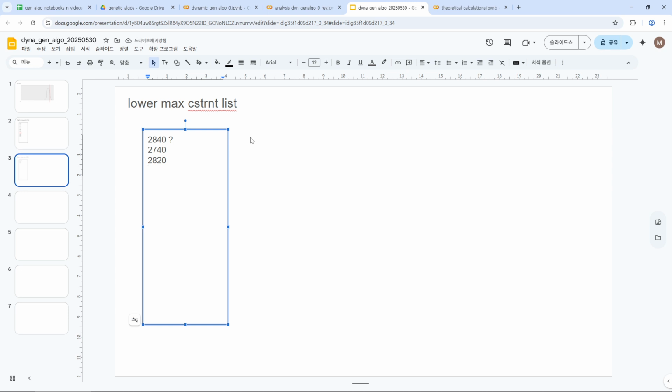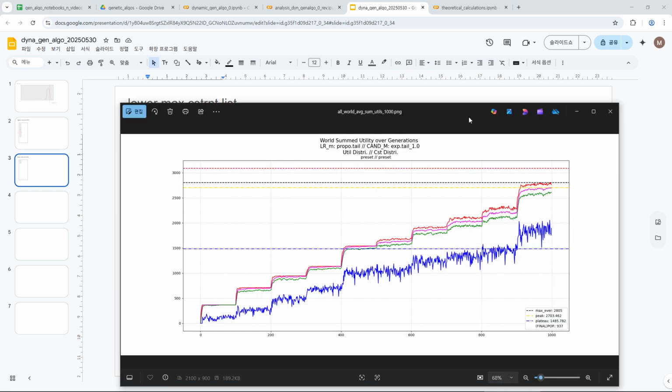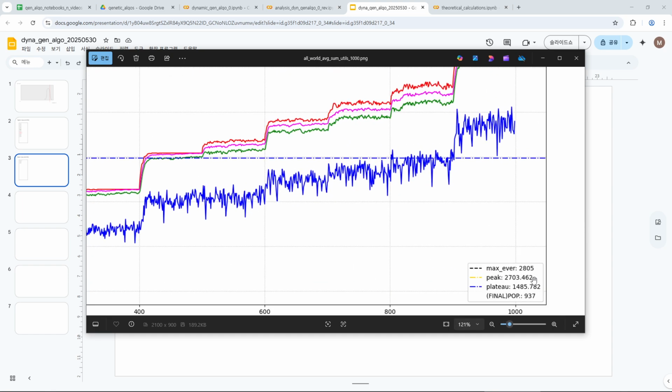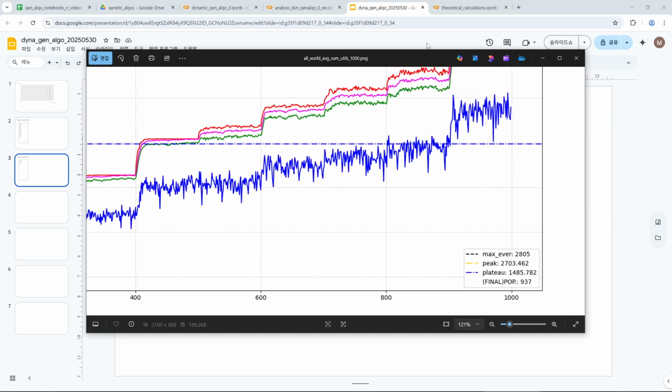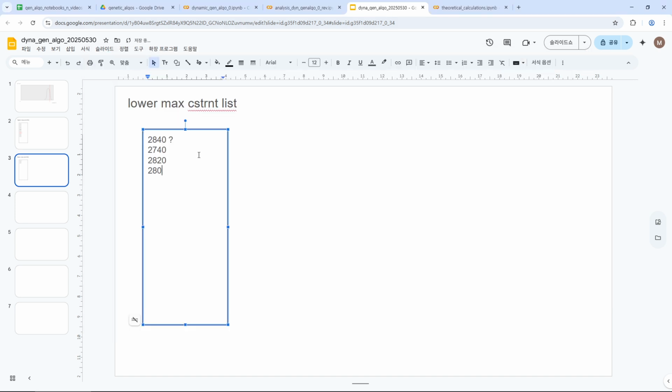In the very next one, the candidate percentage is increased to 1.0, and here the maximum ever is 2805. So somehow we got very unlucky. Now we have a lower maximum ever value despite the higher candidate percentage value.